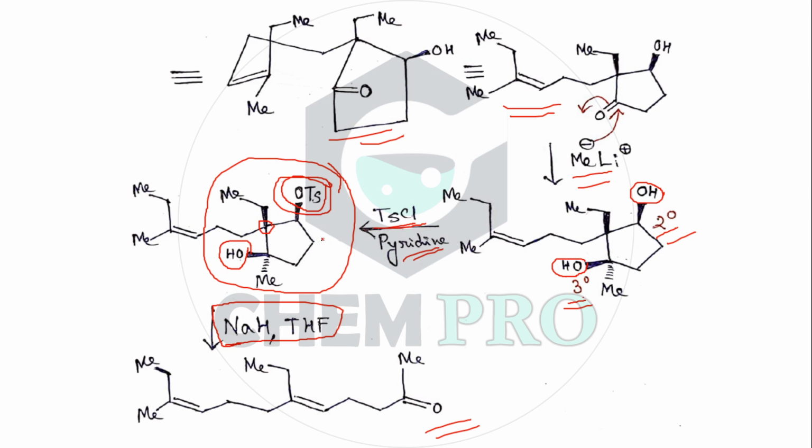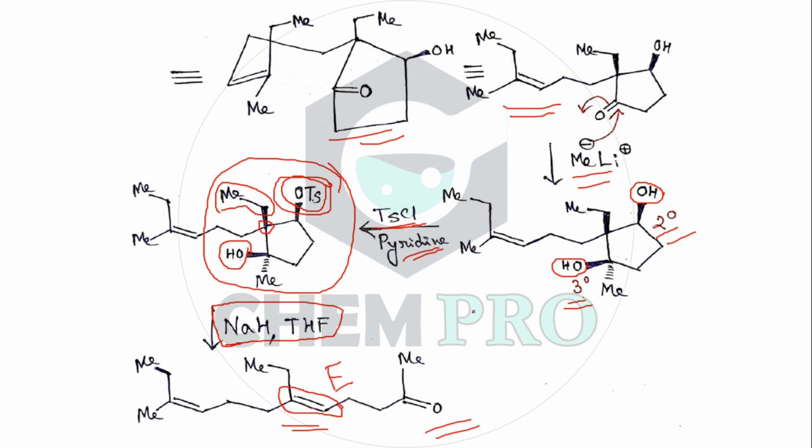So using the trick that the ring junction group, that is CH2Me, and OTs are syn to each other, the resultant alkene or the product alkene should be an E alkene. So from this we can easily say that this is an E alkene. Okay, this is an E alkene. So we made this product by using only the trick.